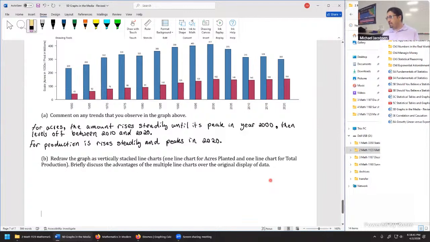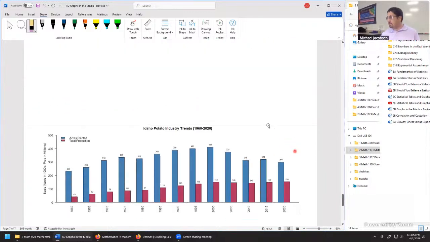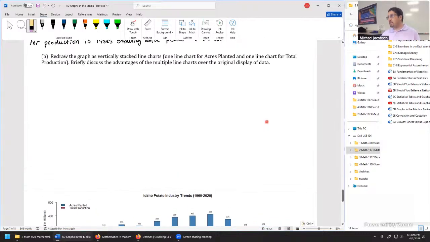I'm going to try to go down here and put this below for reference as we go to plot. First thing I want to do is actually put down the stacked line charts. So I'm going to set the scales like this. We want them to be the same proportional size.